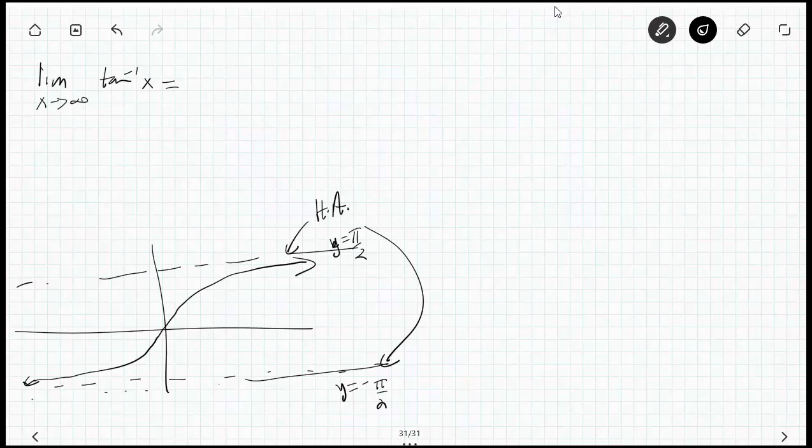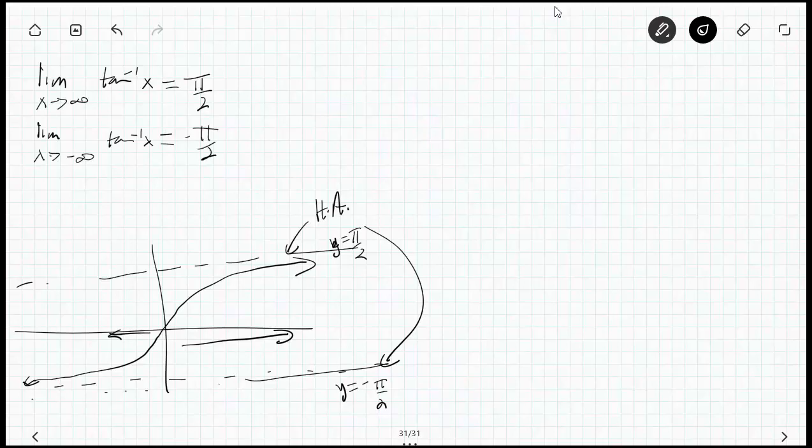I know that the limit as x approaches infinity of inverse tan of x equals pi halves, because as I take off in this direction, inverse tan of x heads for pi halves. Likewise, I know that the limit as x approaches negative infinity of inverse tan of x is negative pi halves, because as I go in this direction, the curve heads for negative pi halves.